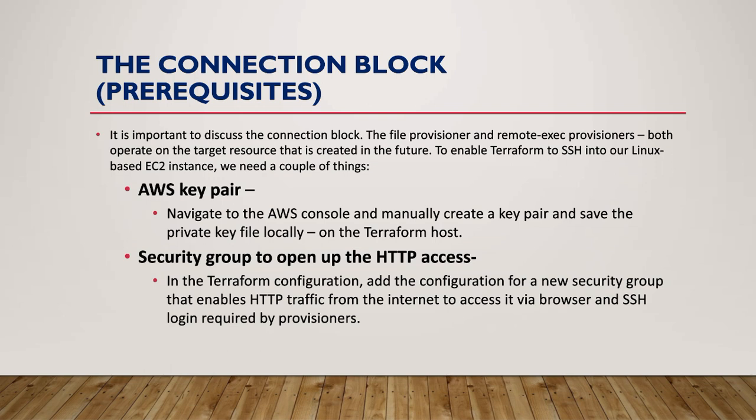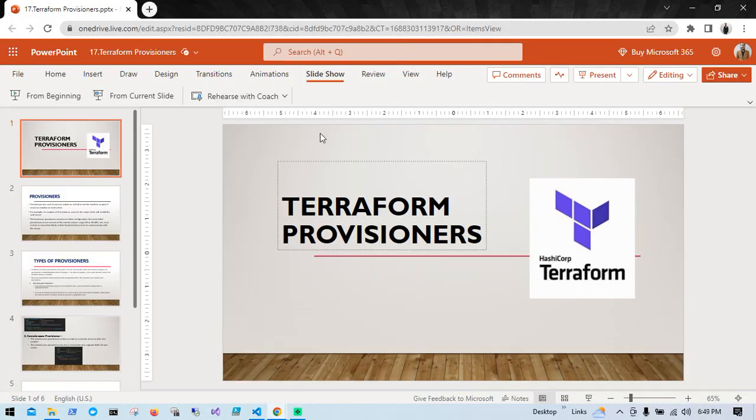So for Terraform to access the EC2 instance and get those details over the internet, you need to define a security group. We will see in the demo. So these two prerequisites are required to set up a connection block for file and remote provisioner. Let's jump to the demo.